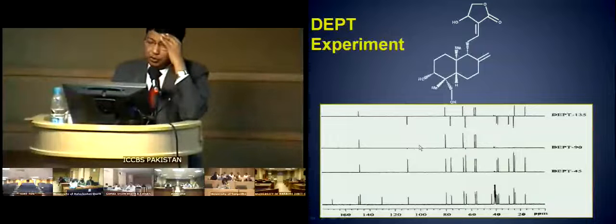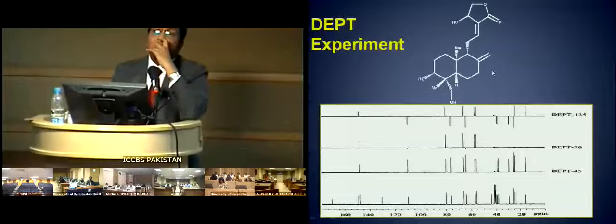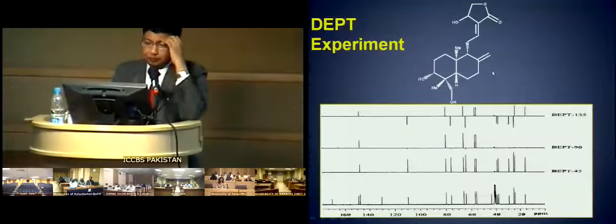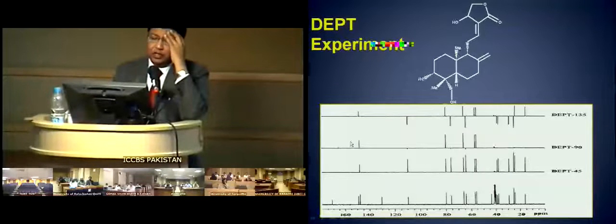Which one is going to be the most downfield among the CHs? This one, right? The most downfield because it's an olefinic CH. And this one would be the second most downfield, and that is this one.